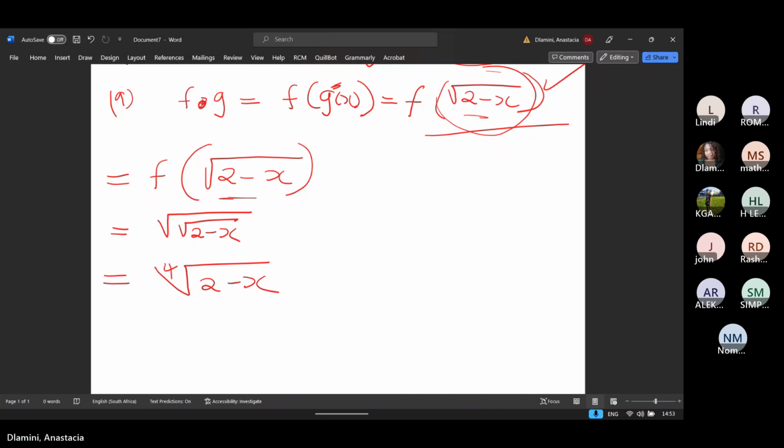The domain can be all the numbers up until 2. We cannot use numbers from 3 upwards because they'll give us a negative square root.